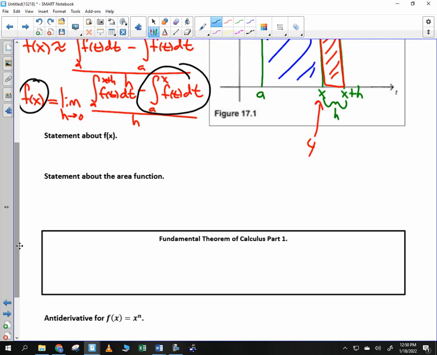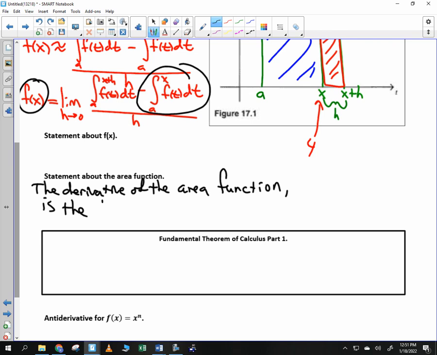We're going to do the area function. The derivative of the area function is the function that bounds the area.